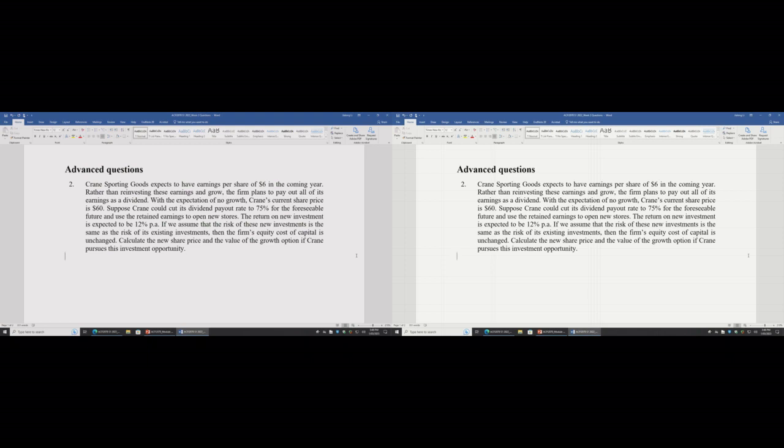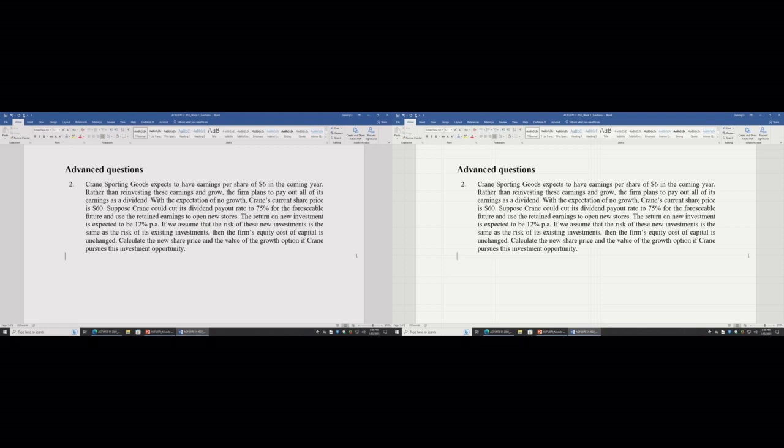Rather than reinvest these earnings and grow, the company plans to pay out all its earnings as dividends. And with the expectation of no growth, Crane's current share price is $60. Okay, so that's the first plan for this company. The company will pay out all of its earnings as dividends.